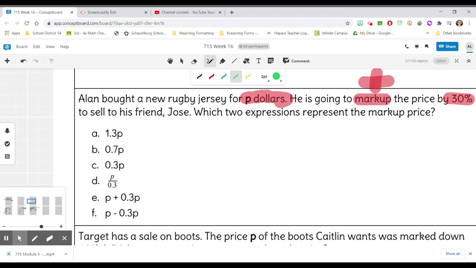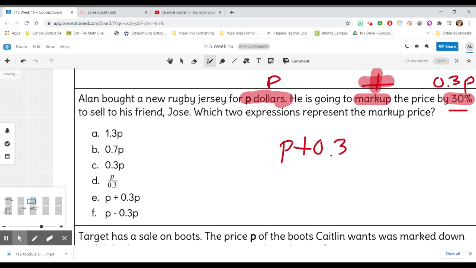Again, let's think of P as 100% of itself. We're marking it up, so we're adding 30%. 30% as a decimal is 0.3, and we're going to be taking that percent of the original price and adding it together. So one of the expressions is going to be P plus 0.3P.